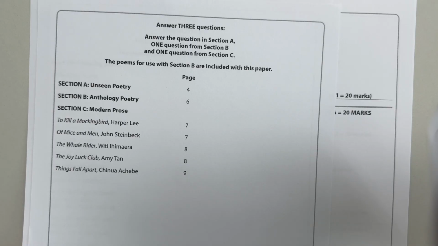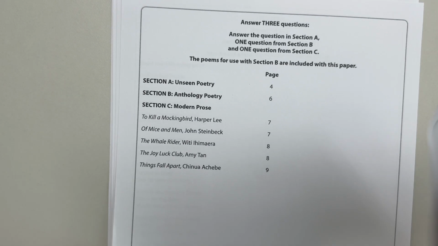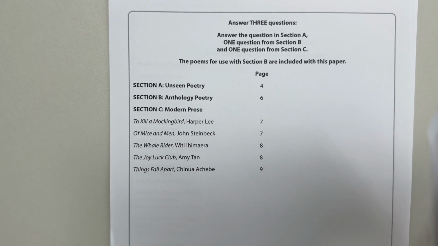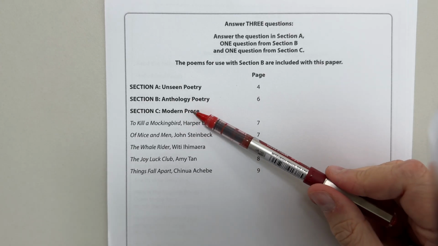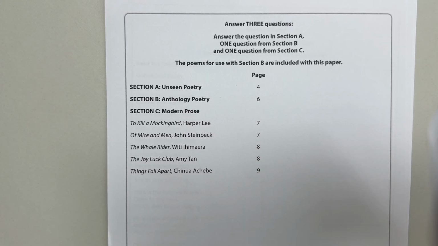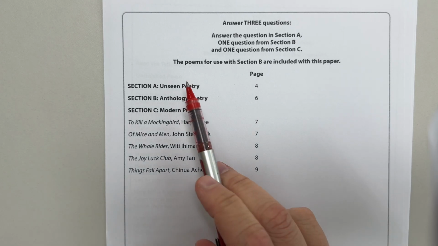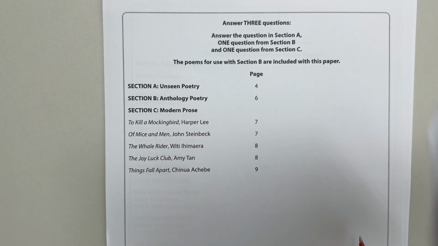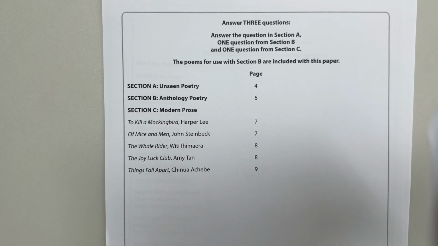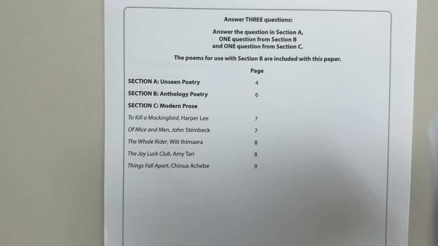So as daunting as the unseen poem might be, it's worth half of the marks that section C is, so we have to be proportionate with our response. Remember that the rule of thumb on average is about 1 minute per mark. So for a 20-mark question on the unseen, I wouldn't be spending more than 25, maximum 30 minutes.